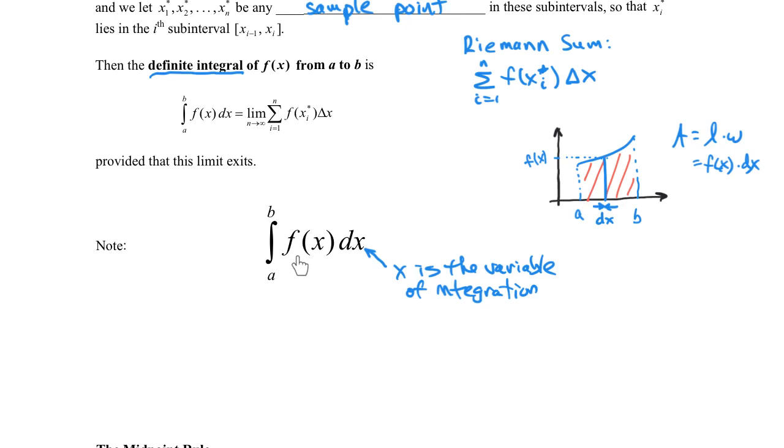And this is the integrand. It's a word that we will hardly ever use, but technically this is called the integrand. It is the function that we integrate. And this is called the upper limit of integration. And this other one, can you guess what this one would be called? The lower limit of integration.